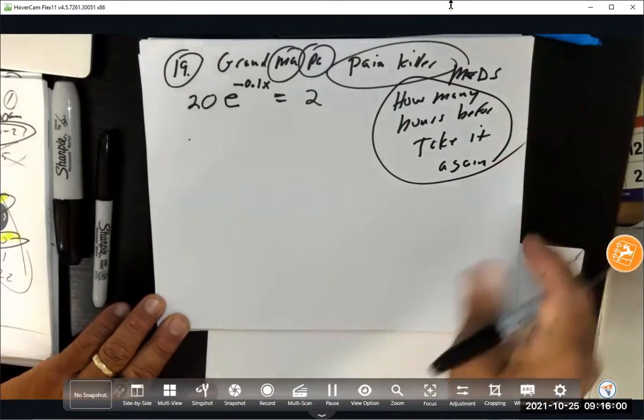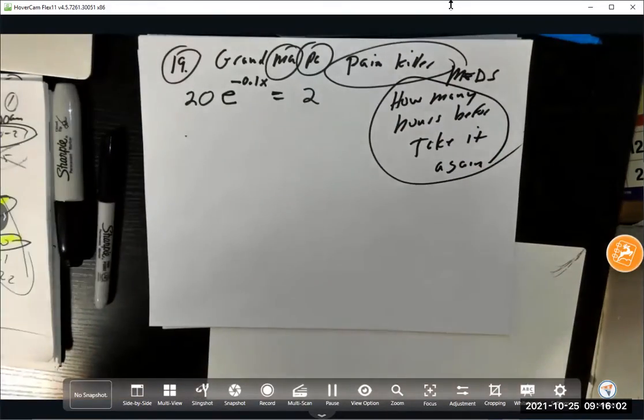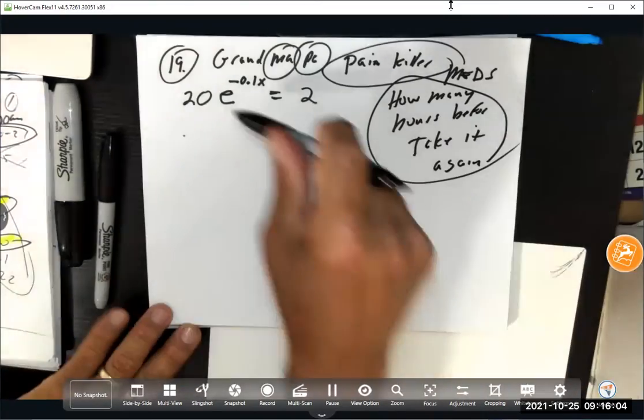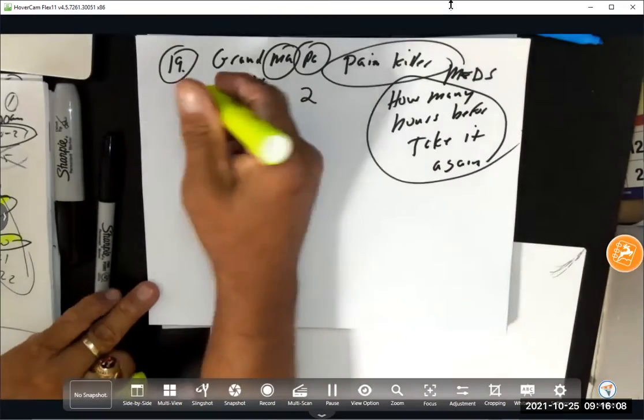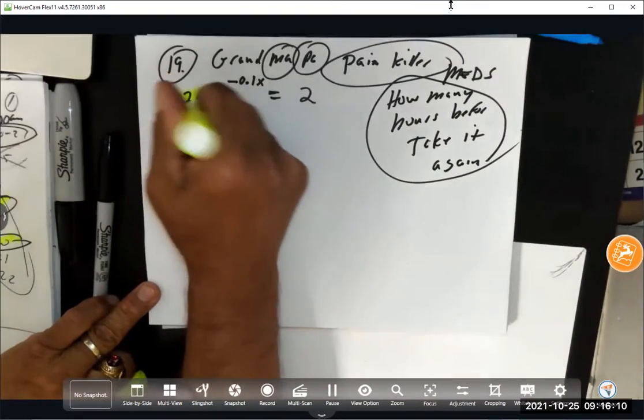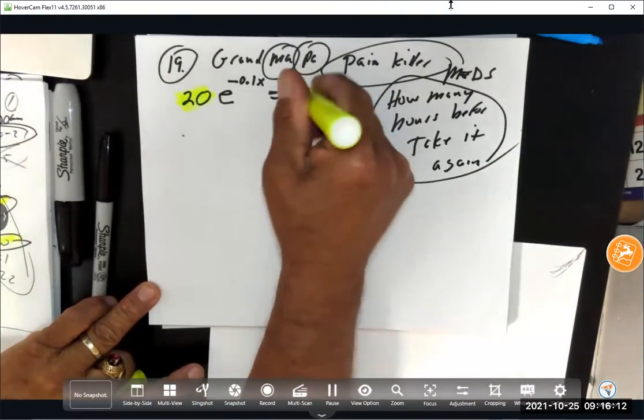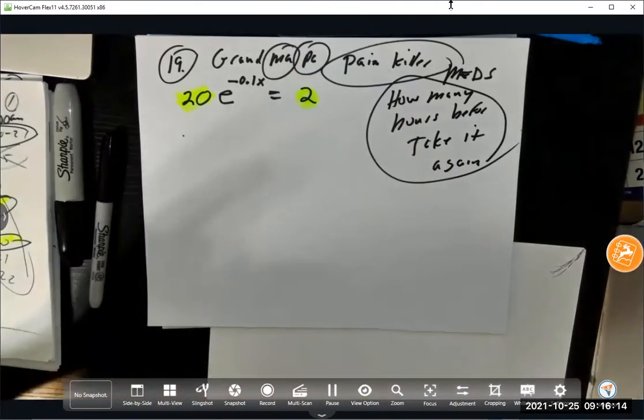They have problems with their lungs or kidneys or heart or whatever, but they take medicine. Right now, they take 20 milligrams of it, and they feel really good. I don't have pain, I'm good. But eventually, when it gets down to only 2 of this stuff in your body, they're gonna start hurting again.